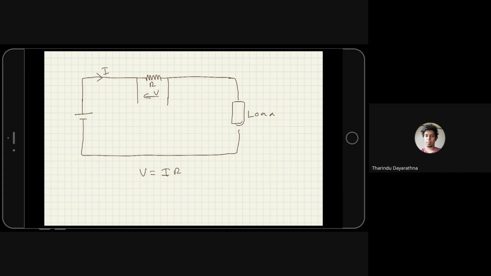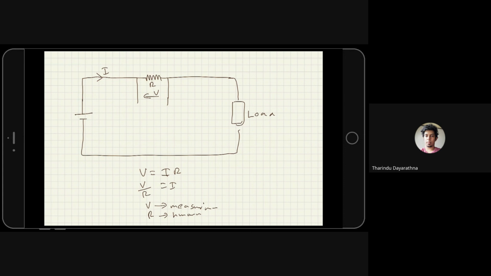So V divided by R is the I. Since you can measure V and R is a known value, you can tell how much current is going in the circuit.